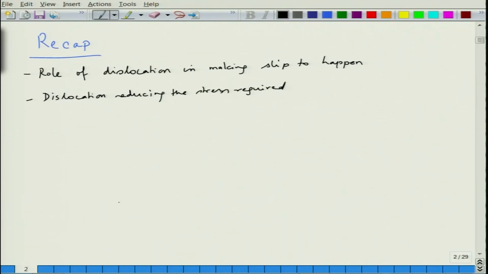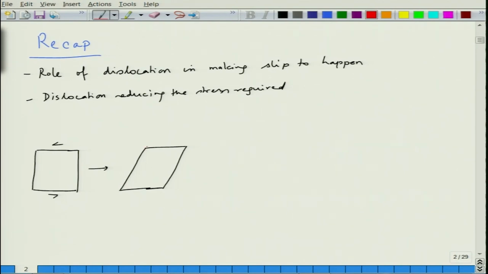You saw that if you have a crystal like this, and you apply shear stress to it, then it takes this shape. Microscopically, this happens by slip occurring in the crystal.